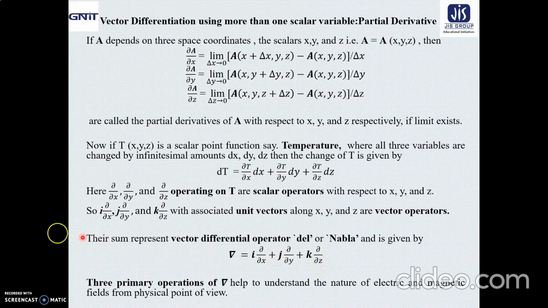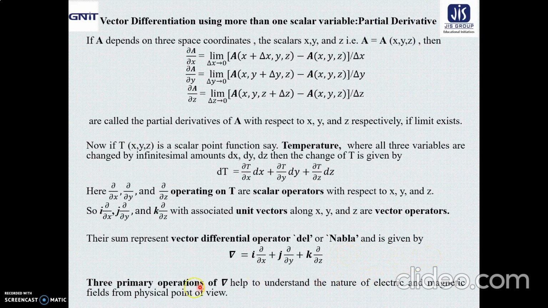I am repeating this line. The sum of the three vector operators, that is i cap del x, j cap del y and k cap del z, is called the vector differential operator del or nabla, without which we cannot move in electromagnetic theory anymore.